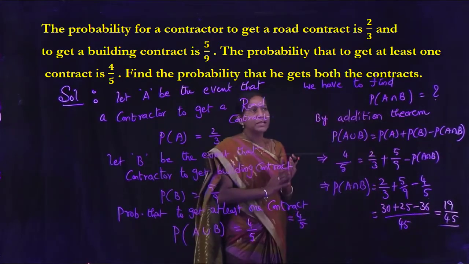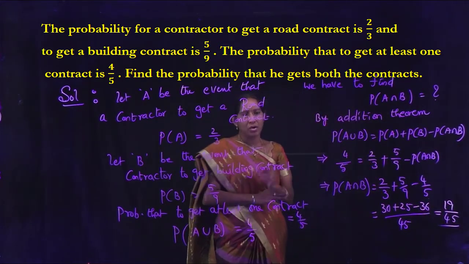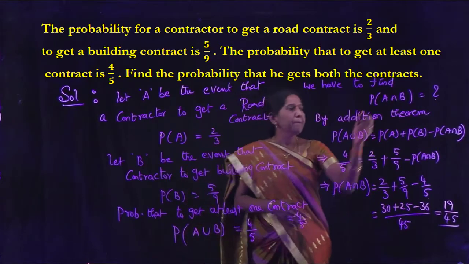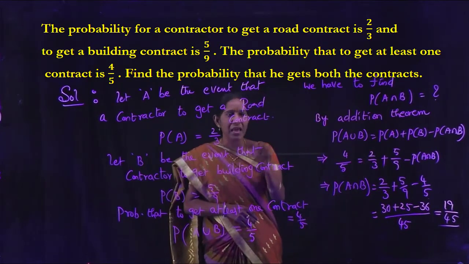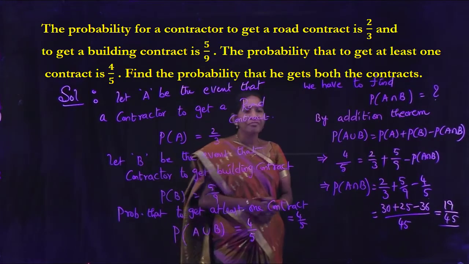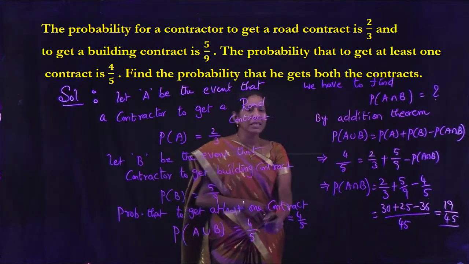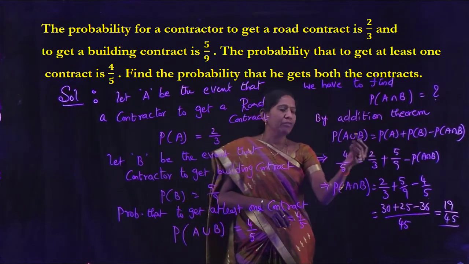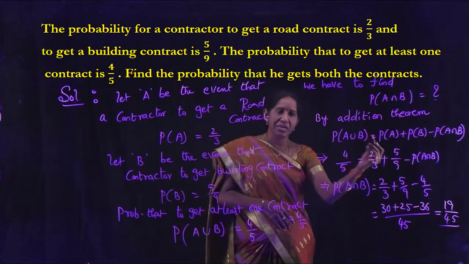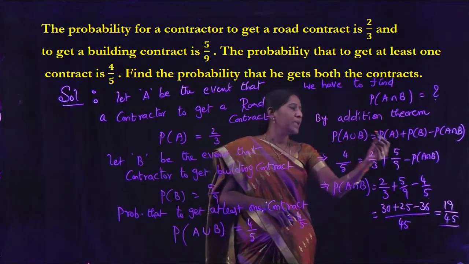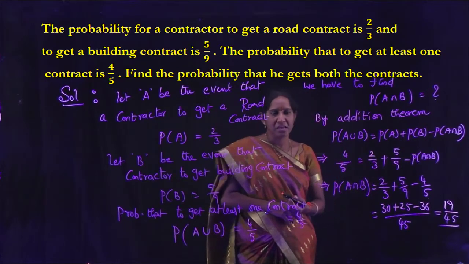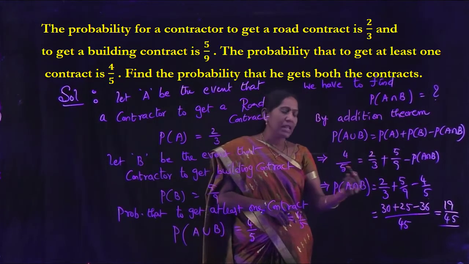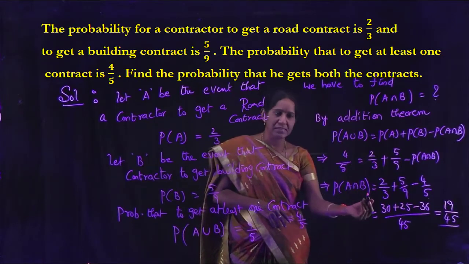Therefore, probability that to get both the contracts denoted by P of A intersection B, we know the values of P of A, P of B and P of A union B. For all these probabilities, we have P of A union B equal to P of A plus P of B minus P of A intersection B. Put the values, then we can get P of A intersection B.